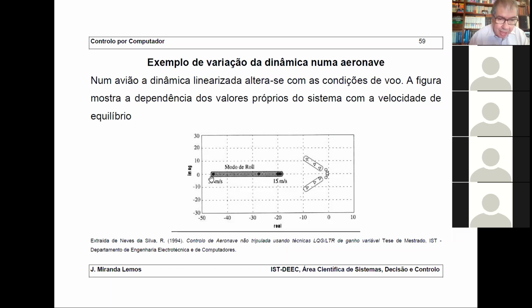Okay, and as you can see, when you change the velocity, the speed of the aircraft, you are changing the position of the zeros, and you are changing the position of the poles. These are all poles. Here you have the poles at 15 meters per second, and at 35 meters per second, the pole was moving here. And also there were other poles moving here. Okay, so you have this effect of change.